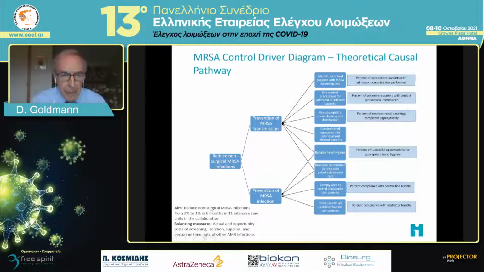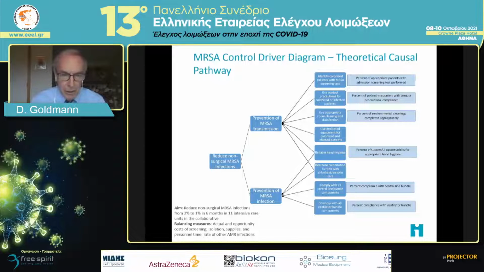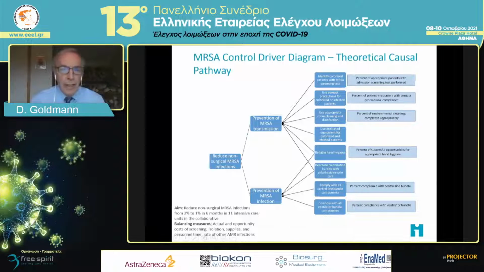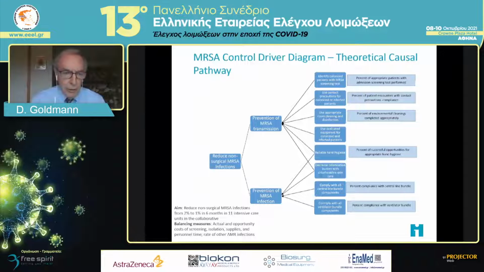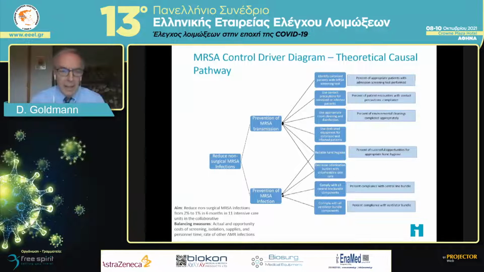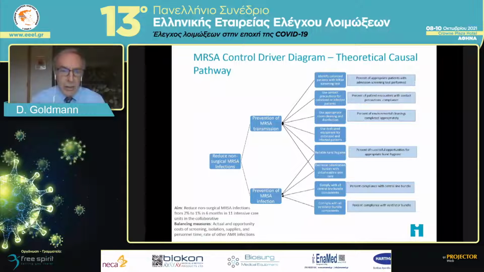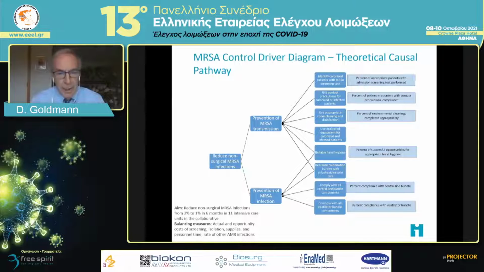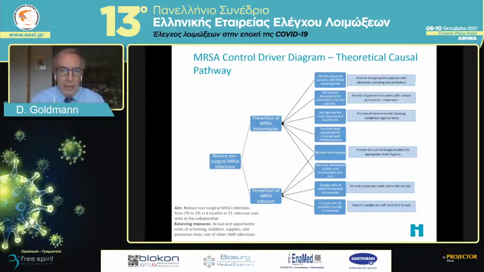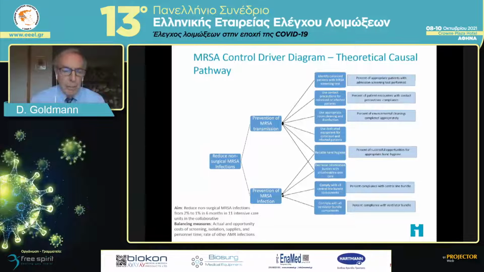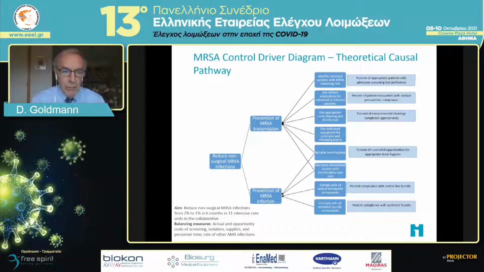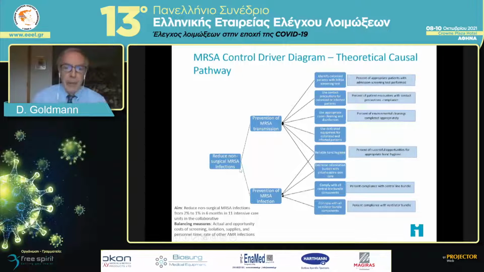So here's the aim: reduce non-surgical MRSA infections, and I gave how much you're going to do it by, along with some balancing measure. A balancing measure is the unintended consequence of what you're doing. If you're going to screen, let's say, for MRSA colonization, there's a lot of cost in that, right? The screening, the labor, the supplies, all that takes time, and we often minimize the true costs of undertaking an initiative. But there's the aim: to reduce these MRSA infections.